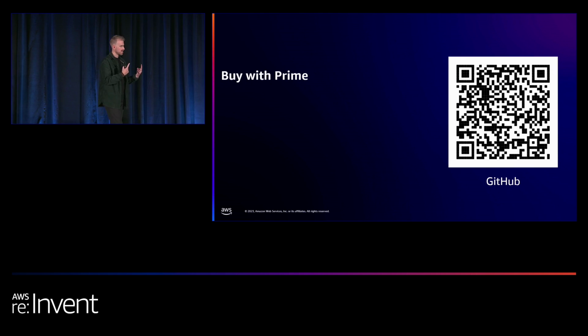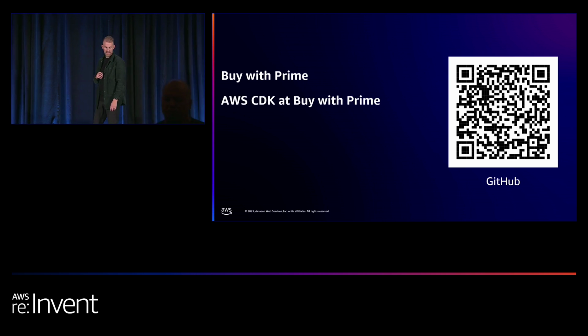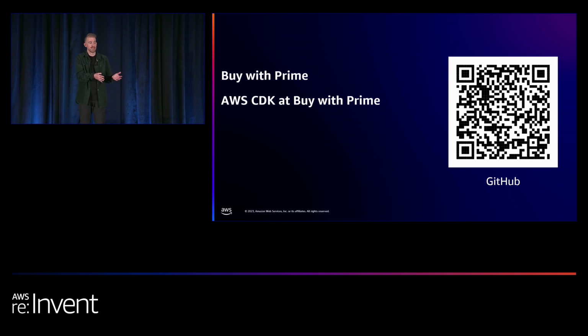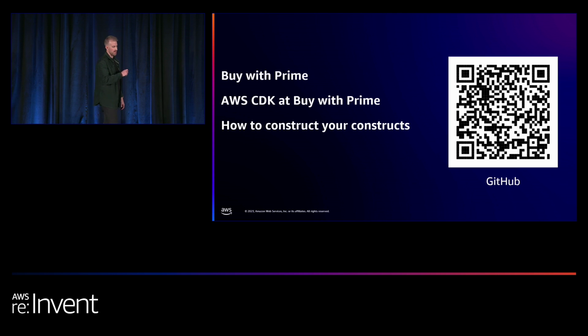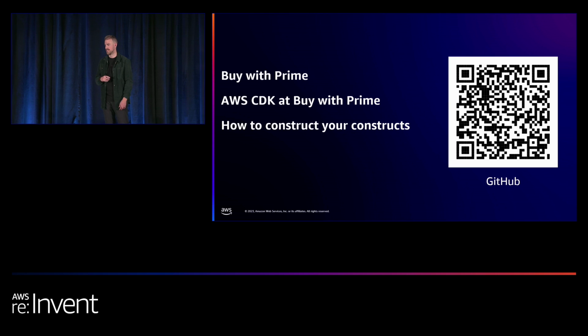Just to recap what we talked about, right? We talked about the intro to Buy with Prime, understood the e-commerce landscape, and saw the impact for merchants, really exciting. Then we went into exactly how we used AWS CDK, both to deploy our architectures and also our pipelines. And then Madhav finally brought us home with how to build our layer 3 constructs to capture all those savings.